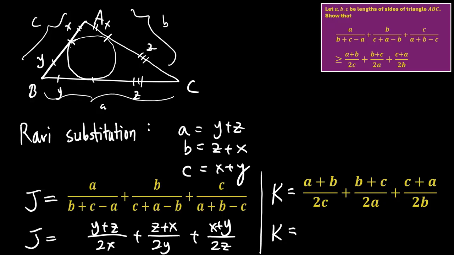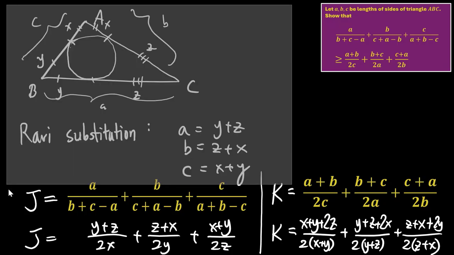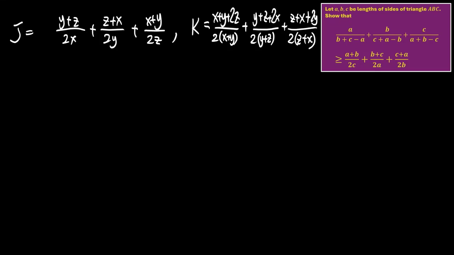So K equals (x plus y plus 2z) over 2(x plus y), plus (y plus z plus 2x) over 2(y plus z), plus (z plus x plus 2y) over 2(z plus x). With this substitution, we hope to show that J is greater than or equal to K.